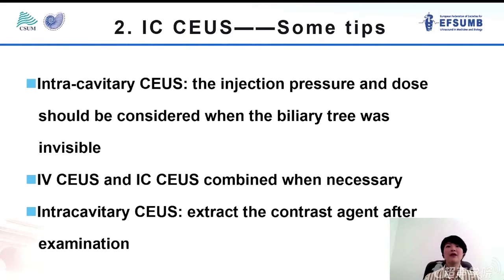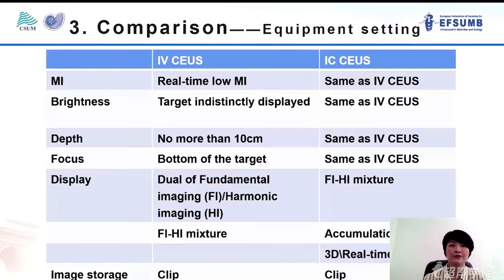Firstly, if the biliary tract is invisible after injection of the contrast-enhanced agent, the injection pressure and dose should be considered and modified. Secondly, intravenous and intracavity CEUS could be combined and performed respectively when necessary. Lastly, when the intracavity CEUS is finished, the injected diluted contrast agent should be extracted from the tube.